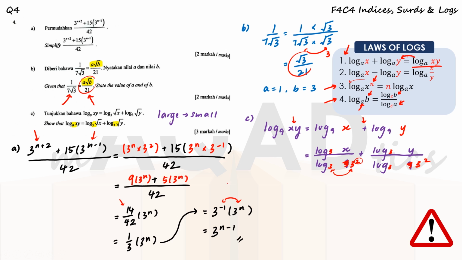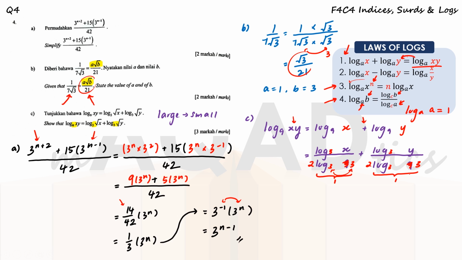Okay, so this value of 2, I can move it to the front to become something like this. Right. And another fact for logarithms, which is if our base and the value is the same, the value will become 1. So this part, it will disappear because it will become 1, this part as well.